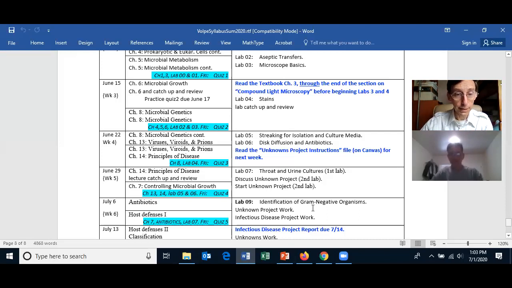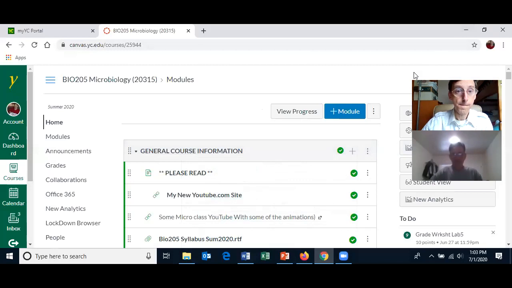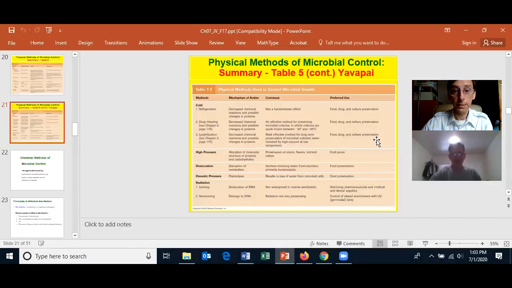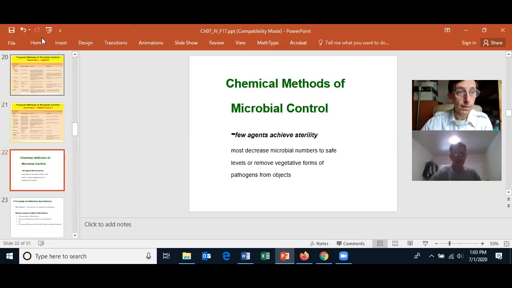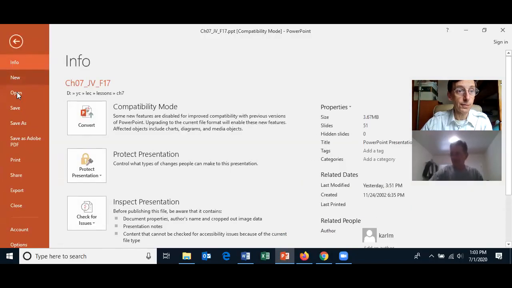If not, let's begin on Chapter 7, Controlling Microbial Growth. I believe this is the last slide we had discussed. So we're going to move on to chemical methods of microbial control.